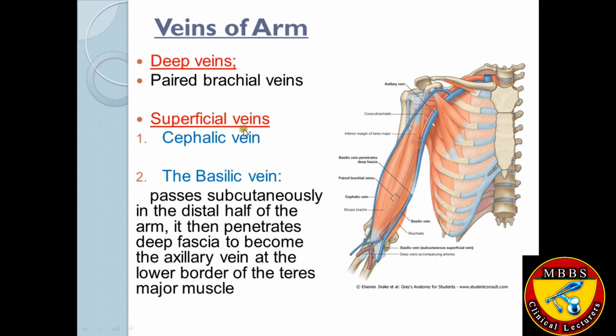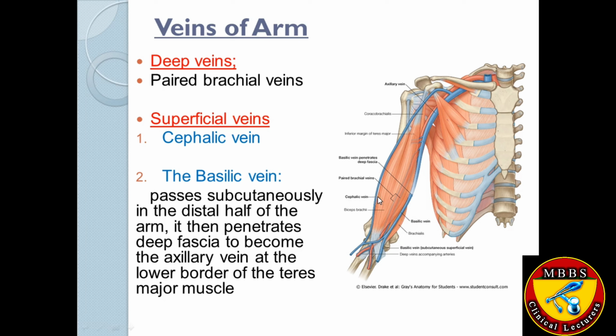In the arm, there are superficial veins. There are 2 superficial veins in the arm: cephalic vein on the lateral side and basilic vein on the medial side. These superficial veins of the upper limb are going to be discussed in the future lectures.